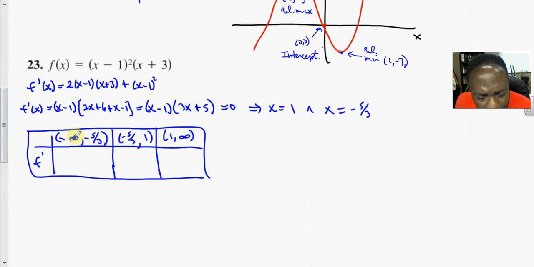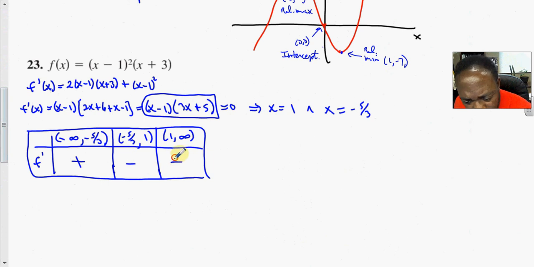So let's take a number on the interval from negative infinity to negative 5 over 3. We're going to plug that into our first derivative. So just take negative 5. This is negative, and that's negative, so we get positive. Let's take 0 on this interval, plug in the 0 there, we get negative times positive, so we get negative. Take a number bigger than 1, say 5, positive, positive.